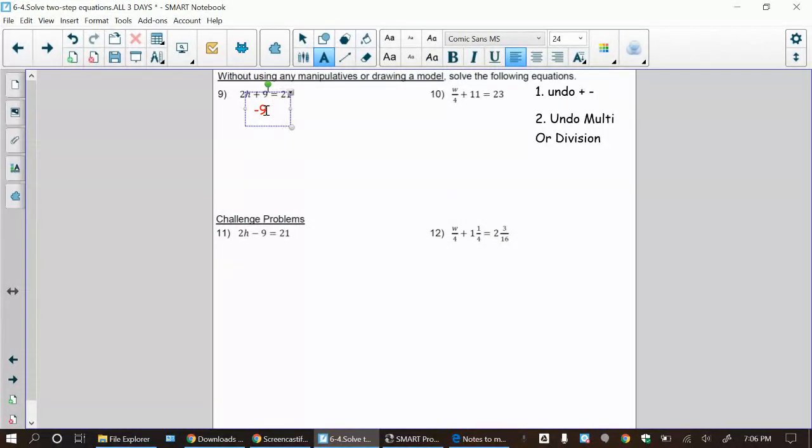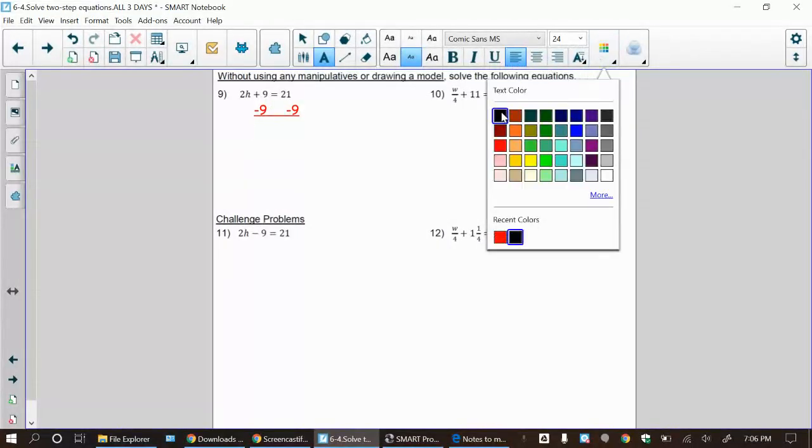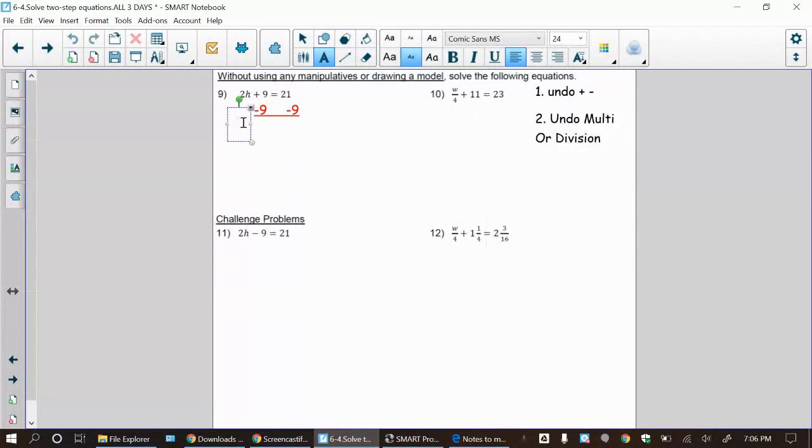Remember, you must show your inverse operation to both sides, whether you're doing it horizontally or vertically. All right, so then I can bring down my 2h. That stays the same. Equals. And then what's 21 minus 9? $21. I spent 9. I got 12 bucks left.